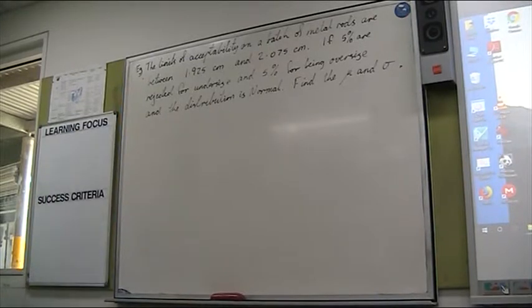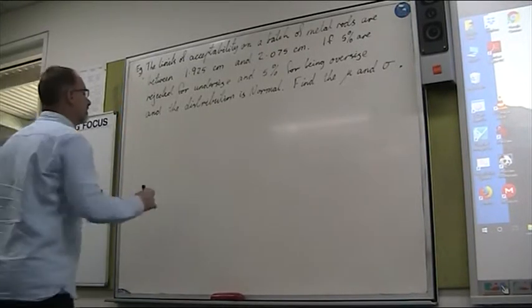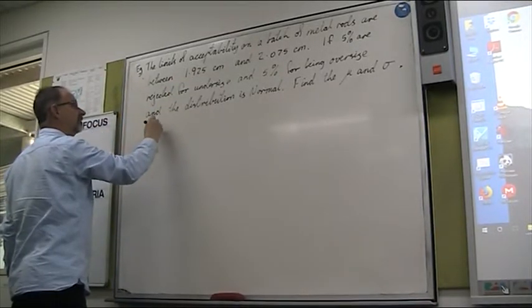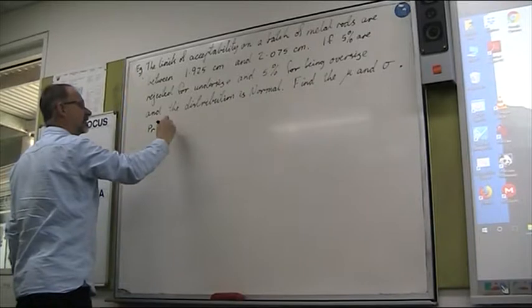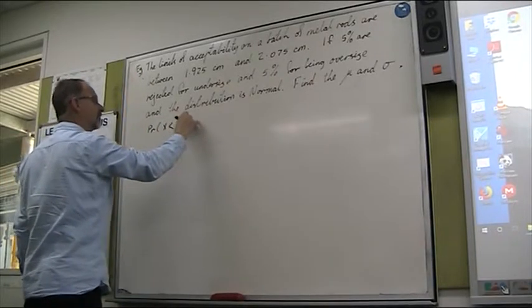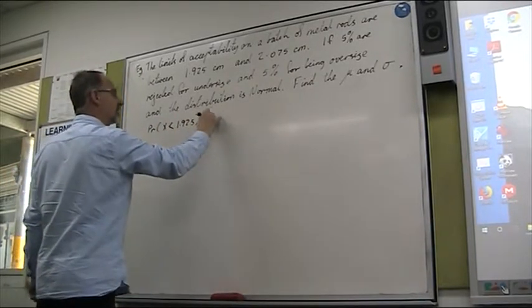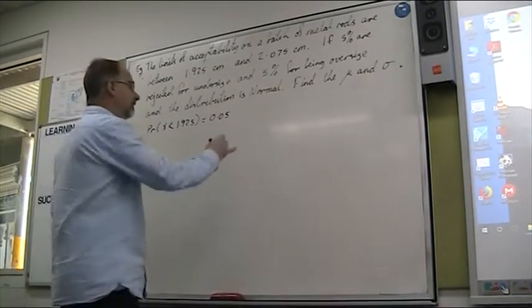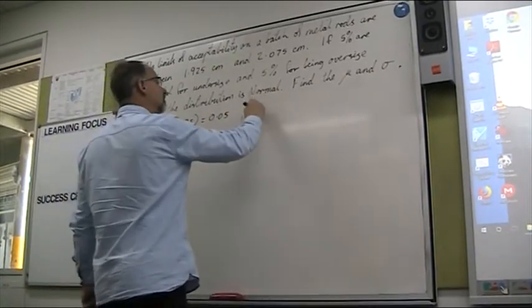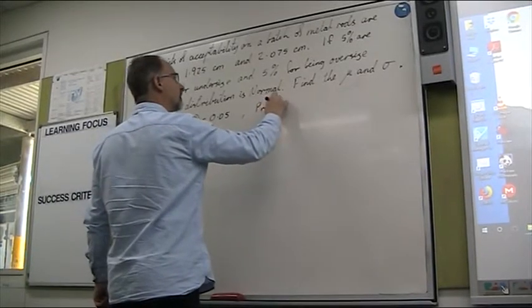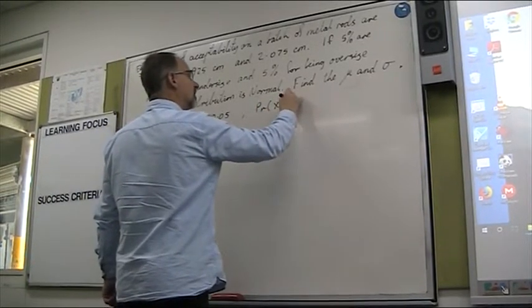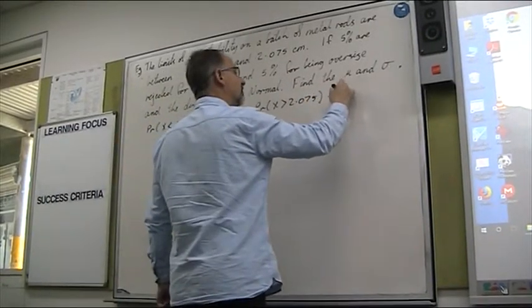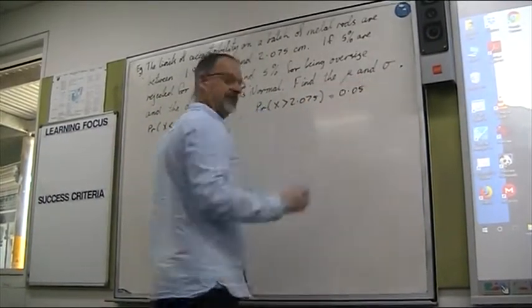Find the mean and the standard deviation. So, undersized would be less than this: the probability that x is less than 1.925 is 0.05. They get rejected if they're too long as well, so the probability of being too long, which is more than 2.075, is equal to 0.05.